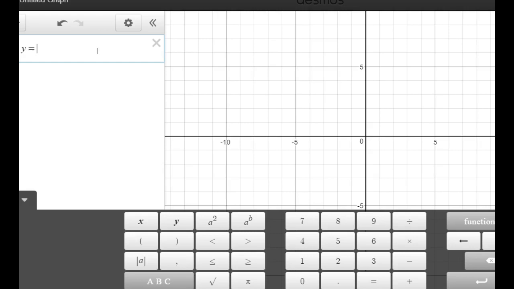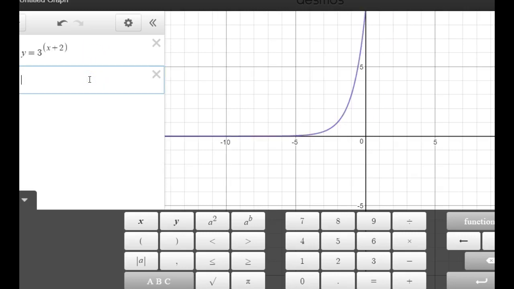So y equals 3 to the x plus 2, whoop, and again, see how if I don't use parentheses, it doesn't like me very much, and it gives me the wrong equation. So there's that. And then I can also graph y equals x plus 1.